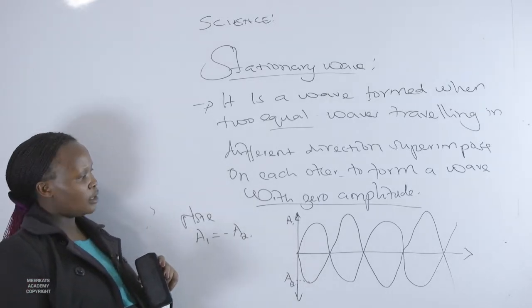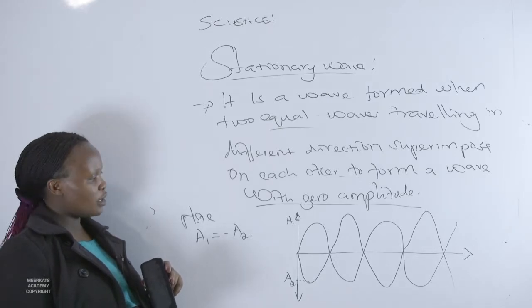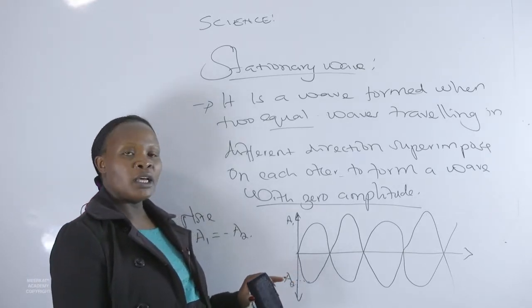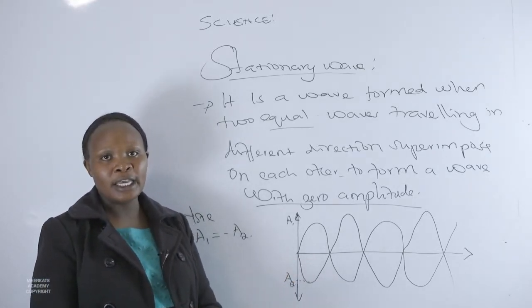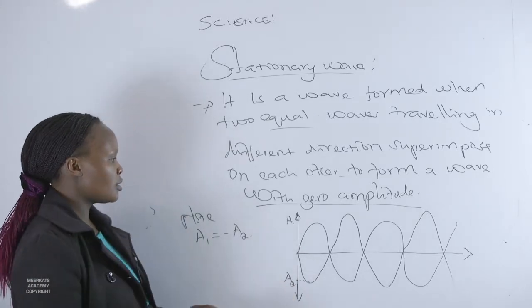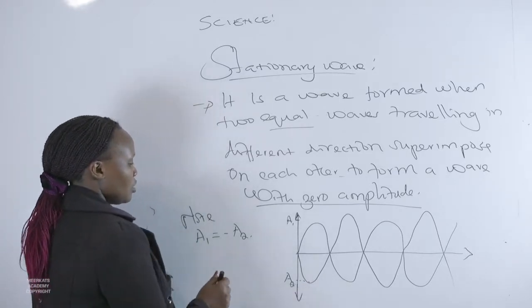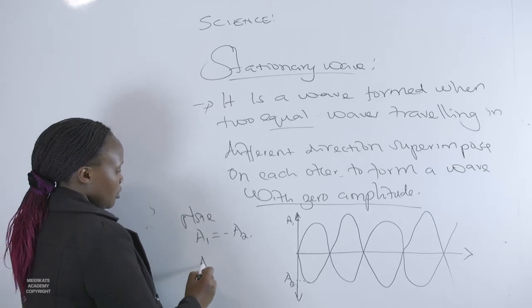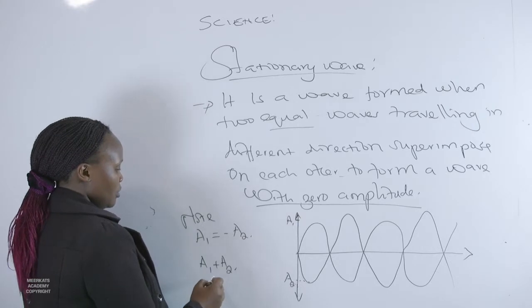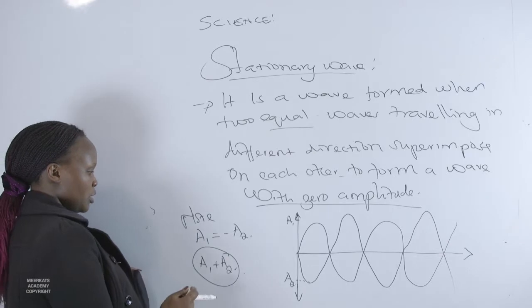You see, we said that for the two waves to interfere, their amplitude is the vector sum of individual amplitudes. Therefore, we expect that the amplitude of the resultant wave will be A1 plus A2. And we said that A1 and A2 are equal but opposite.